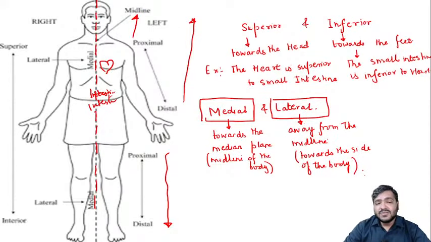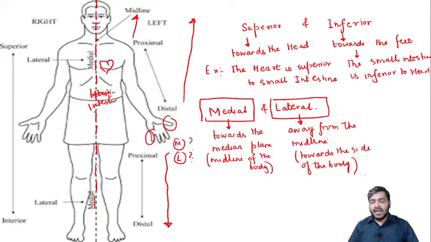Now guys, I just want to ask you, in the normal anatomical position, we have the little finger and we have the thumb. Which one is medial and which one is lateral? I'm waiting for your answers in the chat box, guys. According to the normal anatomical position, which one will be the medial one and which one will be the lateral one? The little finger and the thumb.